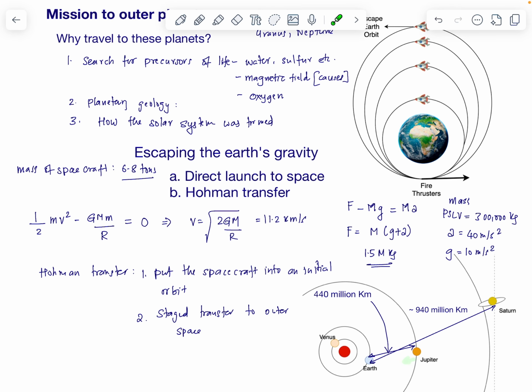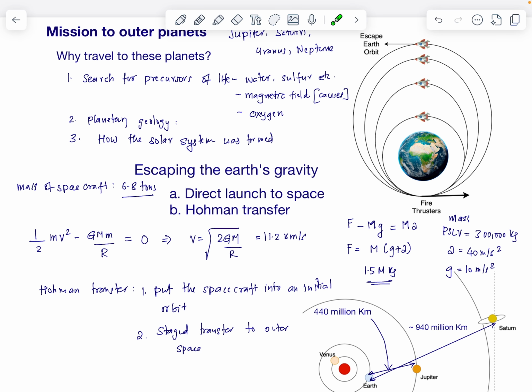So when the spacecraft decelerates, it gets partly captured by Jupiter. And what you do here, instead of firing the thrusters to accelerate the spacecraft, you fire the thrusters to decelerate it. And so you take this orbit and lower the orbit to this one, then lower to here, and so on and so forth till you reach a stable orbit.